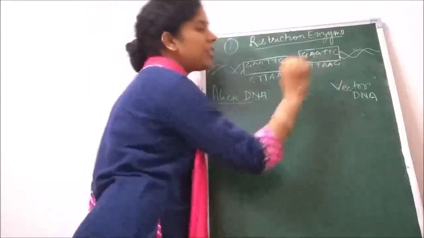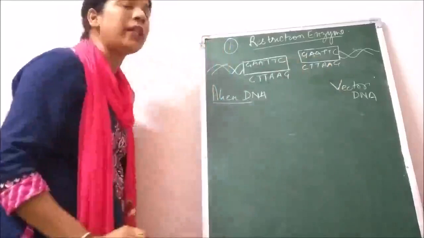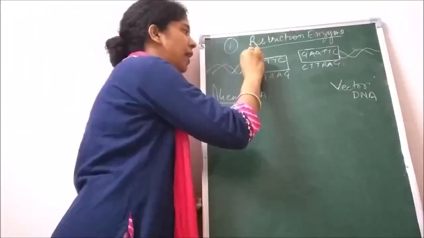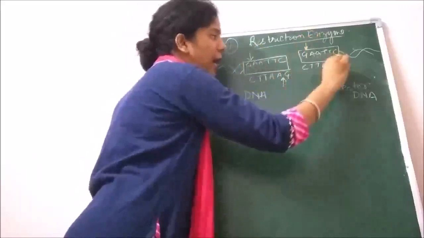Even the vector DNA has the restriction site for EcoR1, and we digest both DNAs with the restriction enzyme EcoR1, which cuts the DNA between G and A here and here.